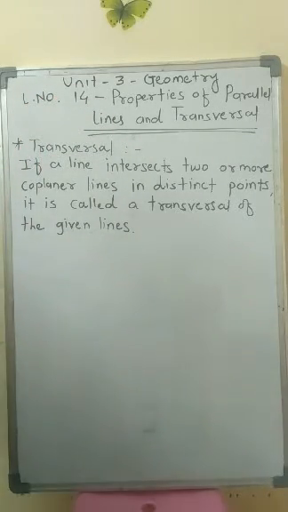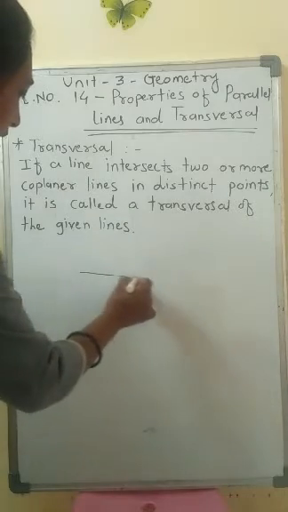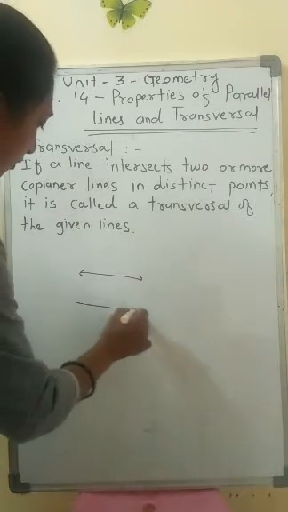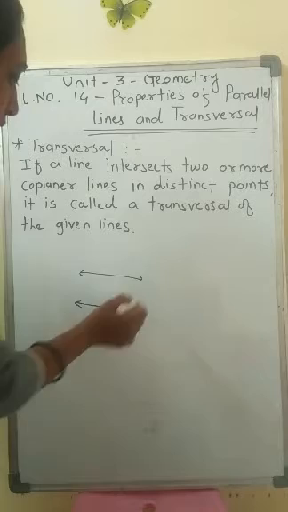So how is a transversal formed? If a line intersects any two parallel lines.